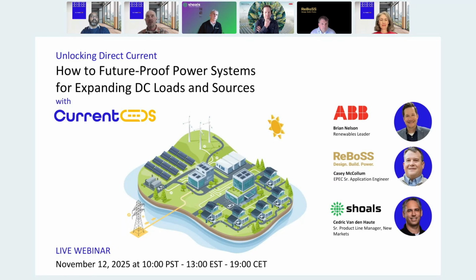They are a member of Current OS, representing the board of directors, and I think that work is central to what we're doing. So the next question I'd like to throw out there for any of the three of you is, specifically what standards, partnerships, and policy changes do you believe are most critical in scaling DC-based systems across a wide variety of industry applications?